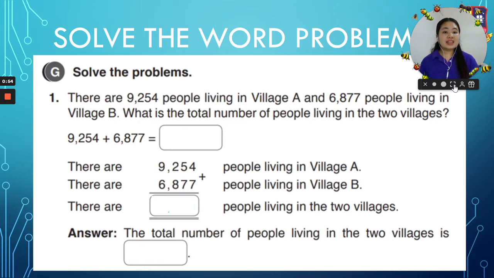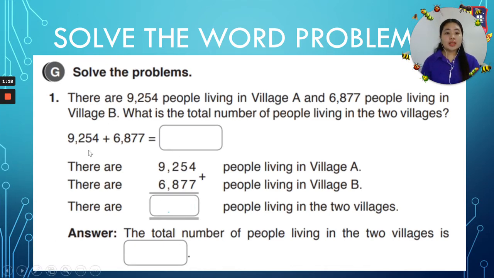There are 9,254 people living in village A and 6,877 people living in village B. What is the total number of people living in the two villages?